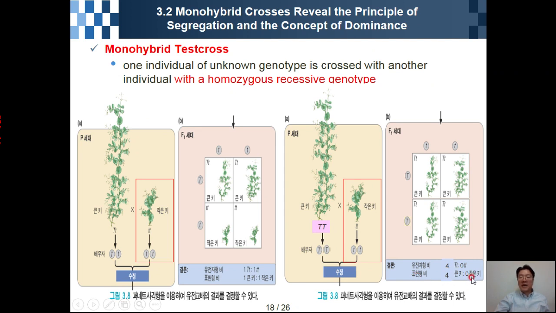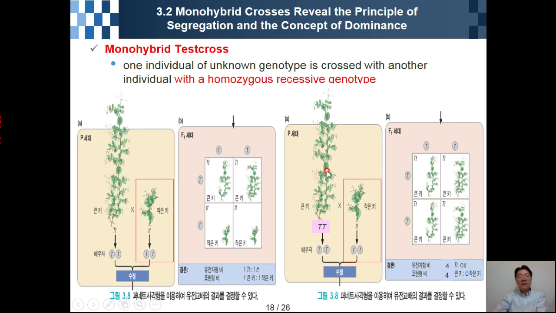So if the phenotype shows 4-to-0, it means the individual of unknown genotype is large TT. Using monohybrid test crosses, we can determine the unknown genotype, whether it is heterozygous or homozygous.